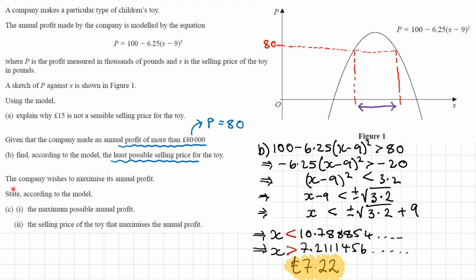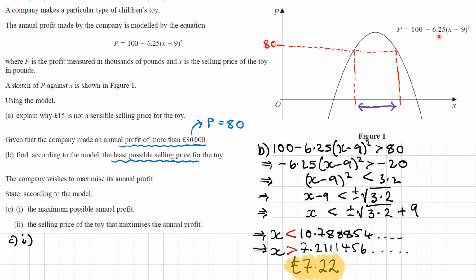And part C, the company wishes to maximize its annual profit. State according to the model. First part of part C is asking us to find the maximum possible annual profit. Now there's no working involved in this. We can just look at the model and see what we're going to get. The maximum that this equation is going to be is 100, because it's 100 always subtracting a positive number.